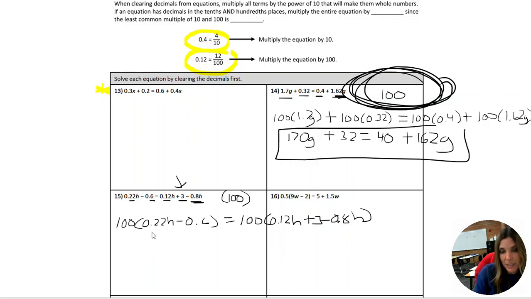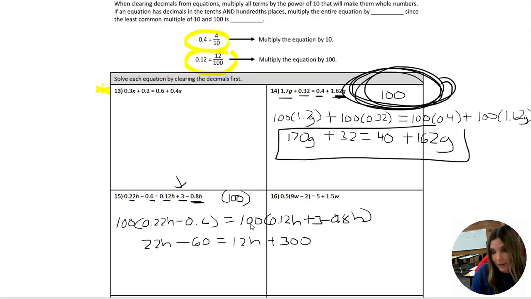So if I do 100 times 0.22, I'm going to get 22h. 100 times negative 0.6 is going to be negative 60. 100 times 0.12h is going to give me 12h. And then 100 times 3 is going to give me 300.